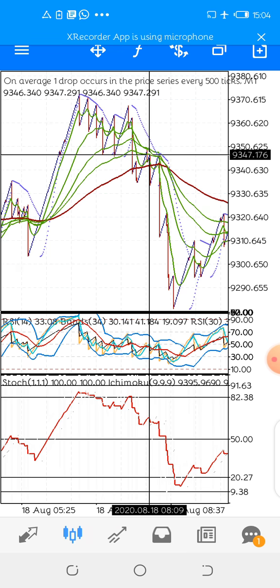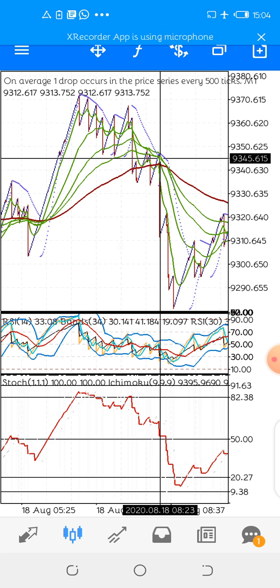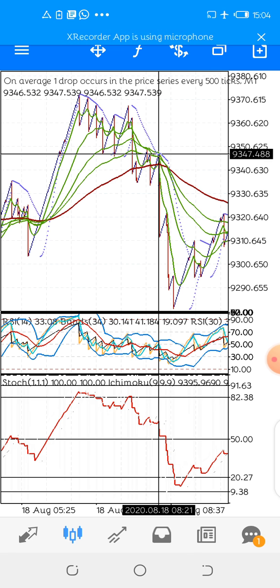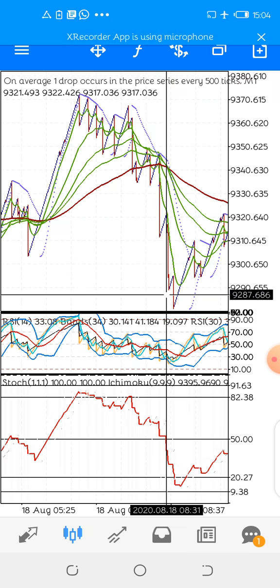Now two spikes below it. Check this point here. All the moving averages come together, and from there we come to the end of our consolidation. From this point it is swooping 4 to 5 big spikes.